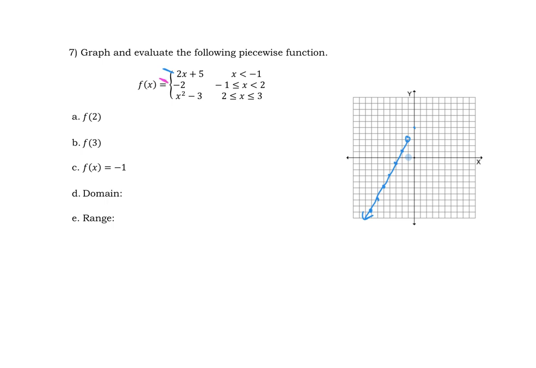Now, f of x equals -2. That is a horizontal line going through -2. And it tells me I'm going to start at x value of -1, and that is going to be a closed circle. So closed circle here. And now I go to 2 and open circle it. And then the last piece is a quadratic, x squared minus 3, and that goes from 2 to 3.